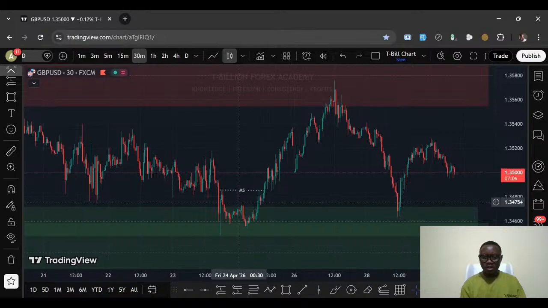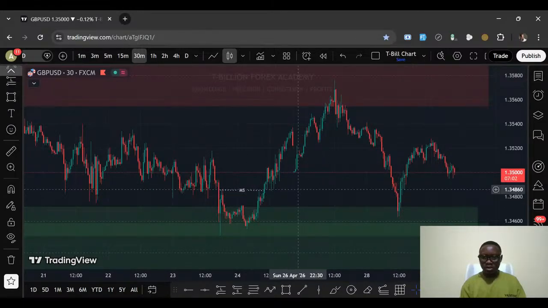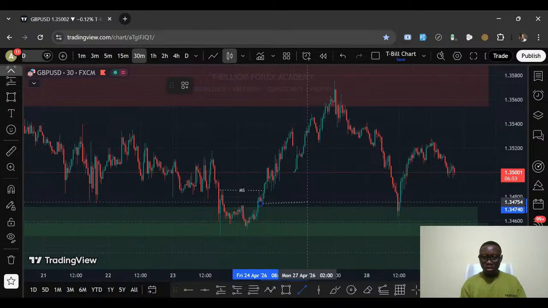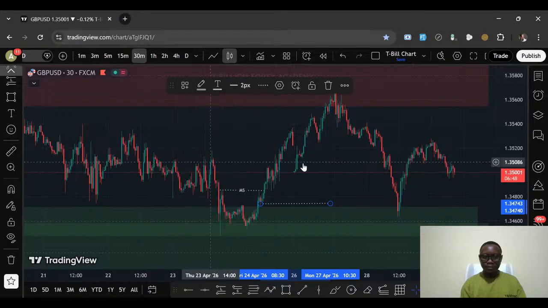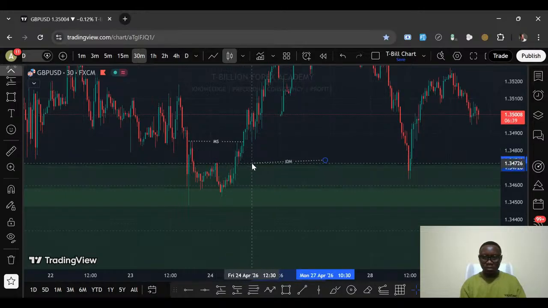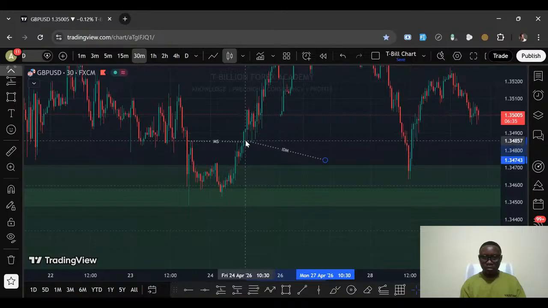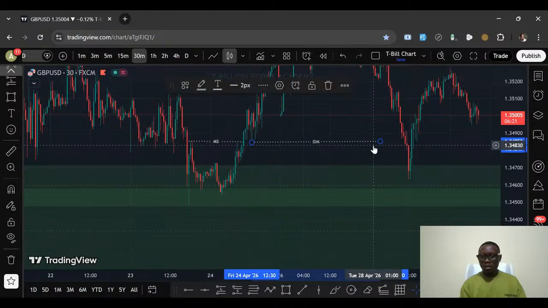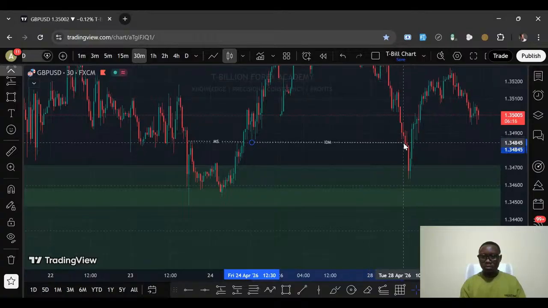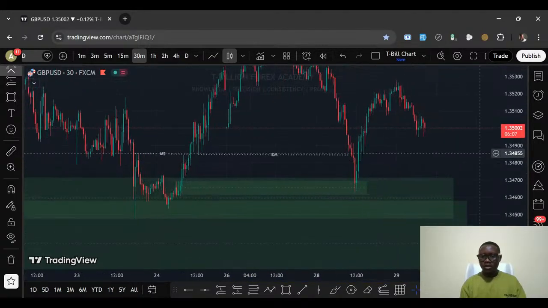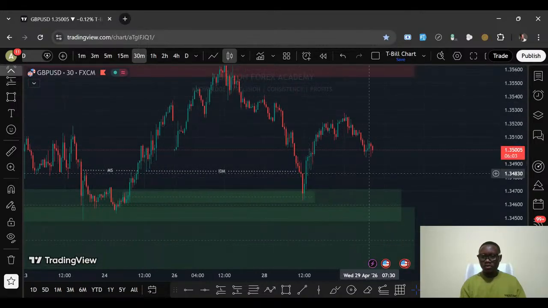We have this market structure shift right here, and of course this is our inducement, IDM, and price taps into this order block right here, and currently it has dished out this massive move to the upside.